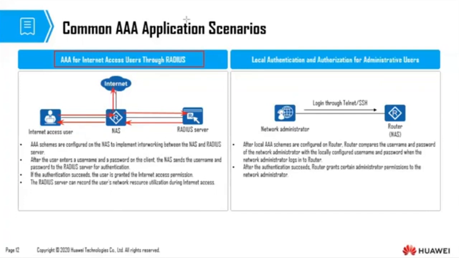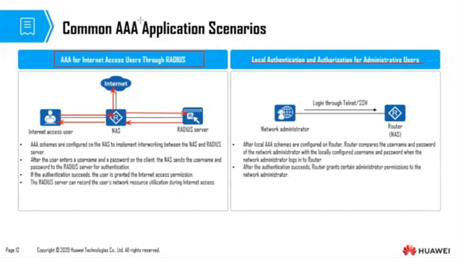So the other case here is on local authentication and authorization for admin users. This is something you'll be doing a lot as junior network engineers, configuring local authentication and authorization for your colleagues in order to give them rights to access network resources for the purpose of management.